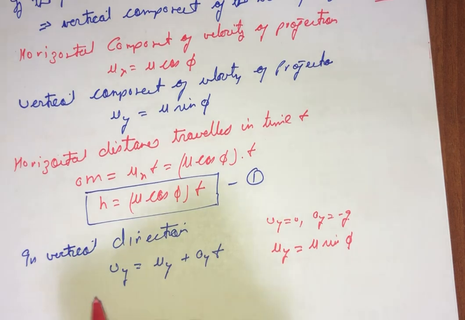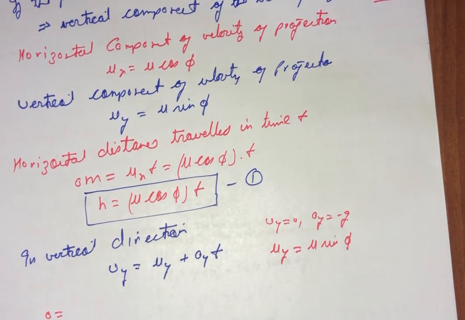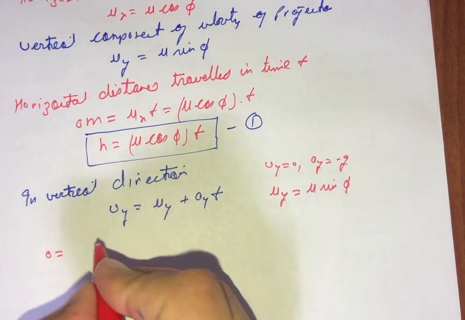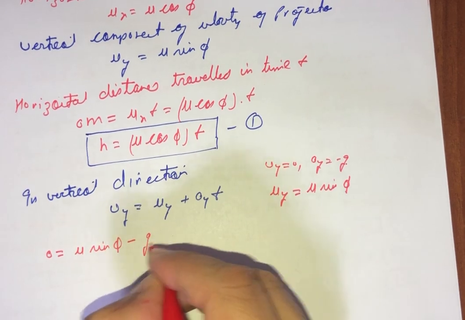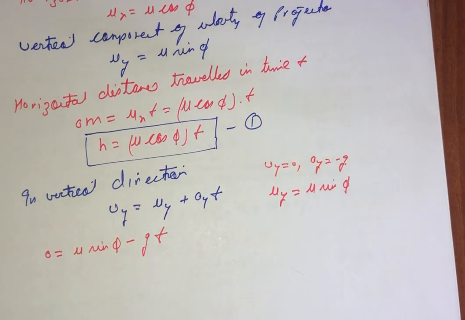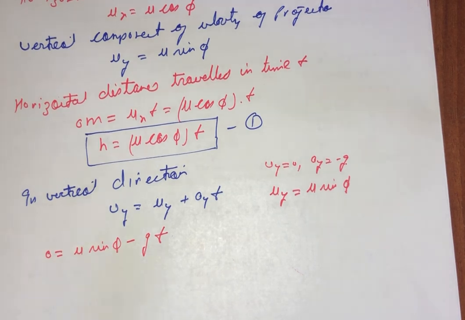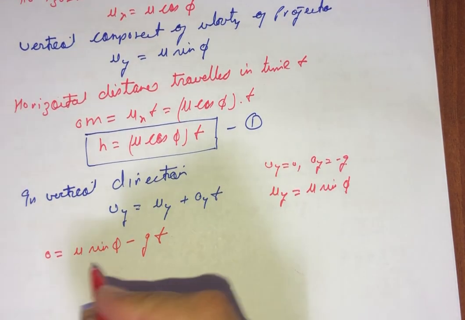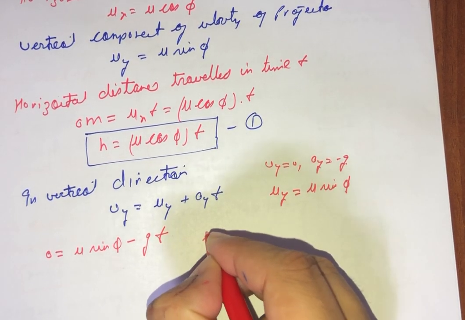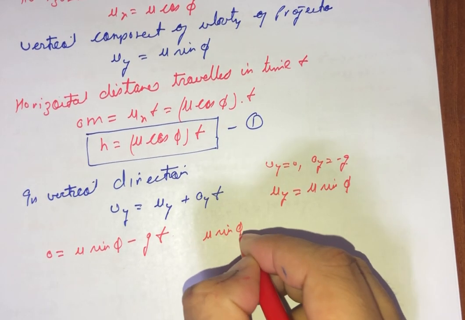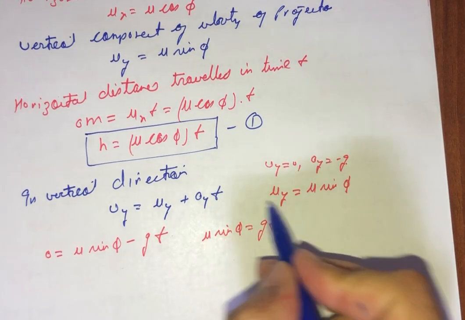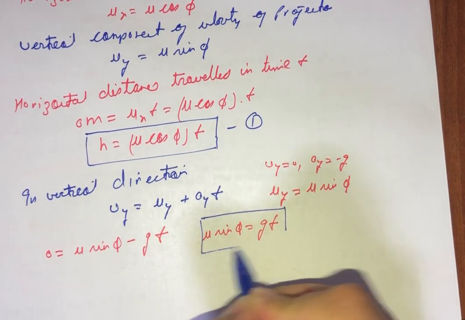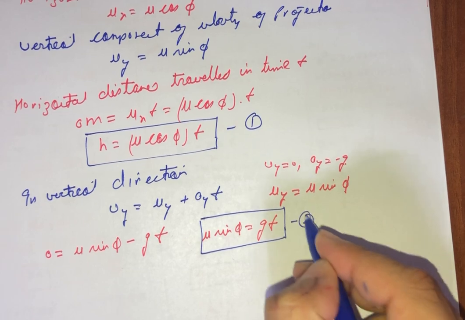Putting all these values, we get 0 is equal to u sine of phi minus gt, and from here u sine of phi is equal to gt. Let us call this equation number 2.